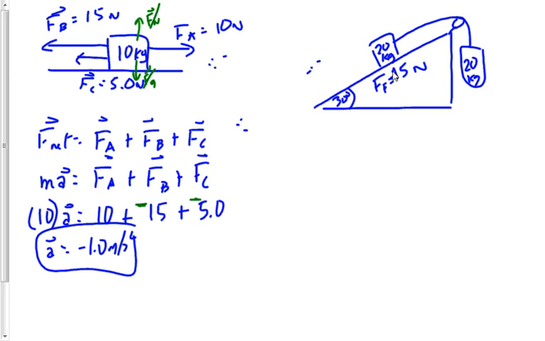Okay, so how do we do this one? This one's a bit of a problem because we've got an angle there at 30 degrees, right? And we don't like any funny angles, right? So let's get rid of it, basically. Now, how to get rid of this one? This one's a little bit trickier. We've got a force of gravity acting down that's equal to m times g. We've got a normal force acting at 90 degrees. This angle right here becomes 30 degrees.